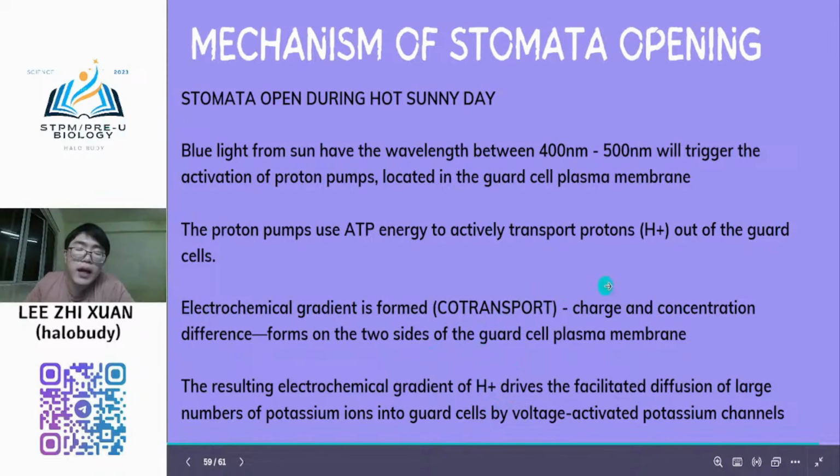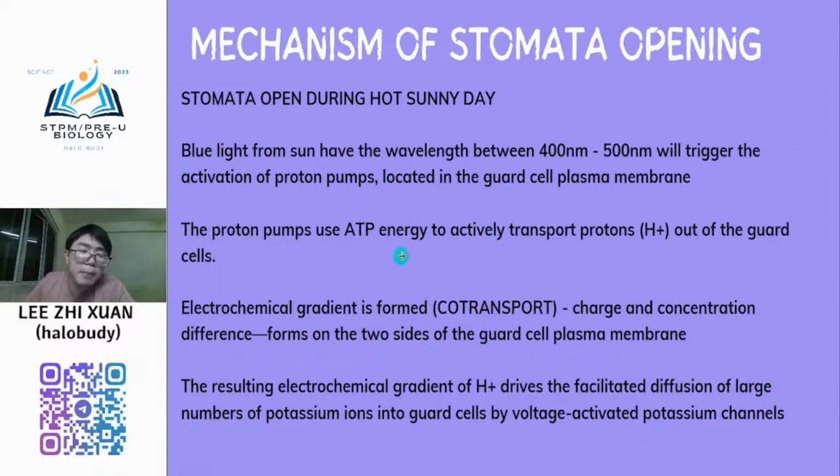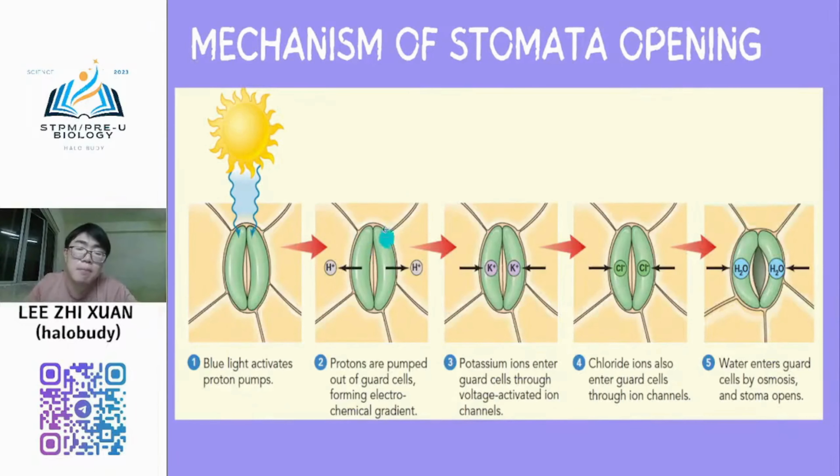When the hydrogen ions are pumped out, you need to balance the charge, right? When the hydrogen ions are pumped out, the charge in the guard cell becomes imbalanced. The guard cell is now highly negatively charged.